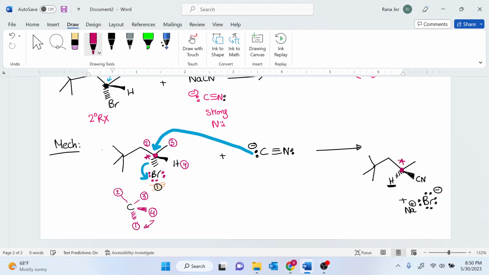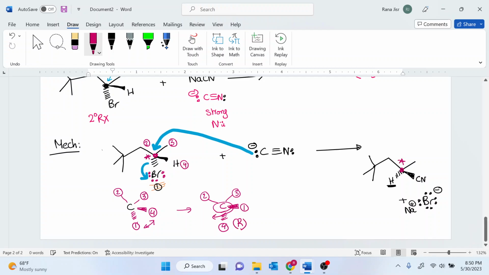We're going to go ahead and switch both so that the hydrogen now is behind, and the first group, which is the bromine, is in front, and then I'm going to keep the 3 and the 2. And then do the configuration, and this is going to be 1, 2, and 3, and this is going to be an R configuration.